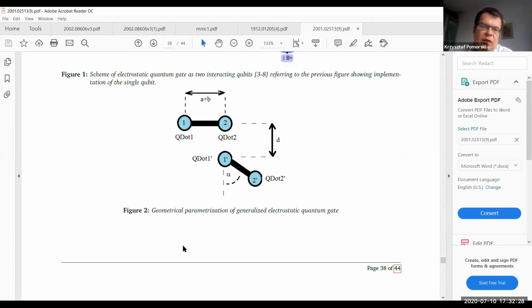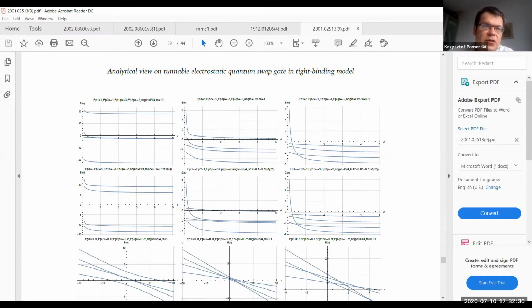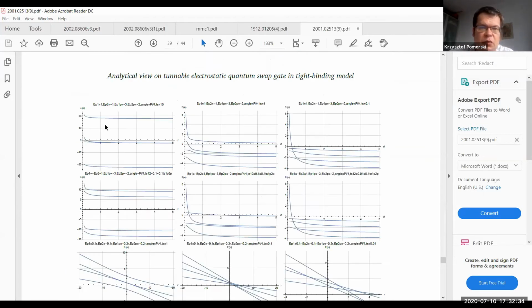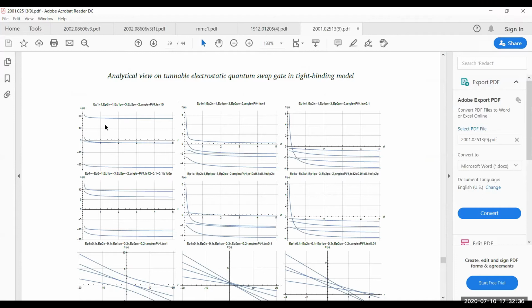So you can observe how we can tune this eigenenergies landscape.